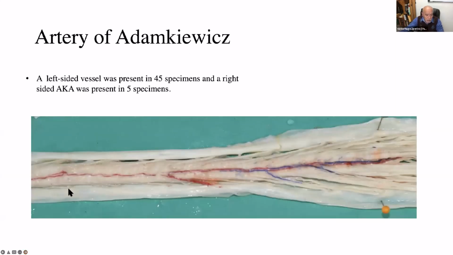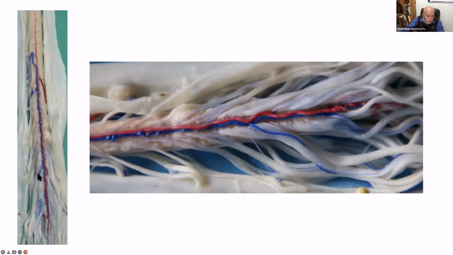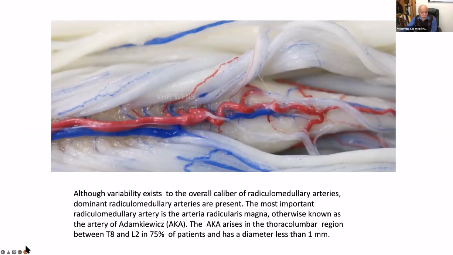This artery is a left-sided vessel, present in 45 specimens, and a right-sided one was present in 5 specimens. This is in the right side and this is in the left side. This is the aspect of this artery running in the anterior aspect of the spinal cord.